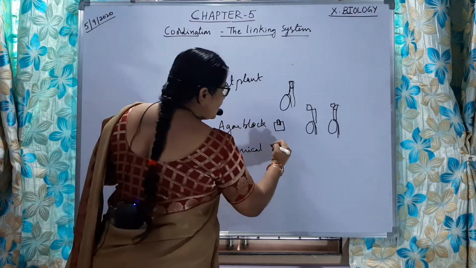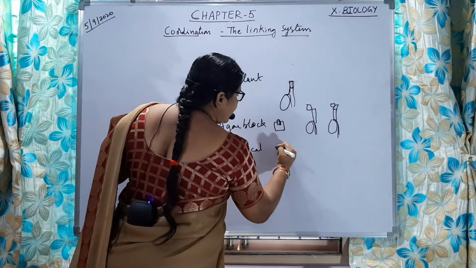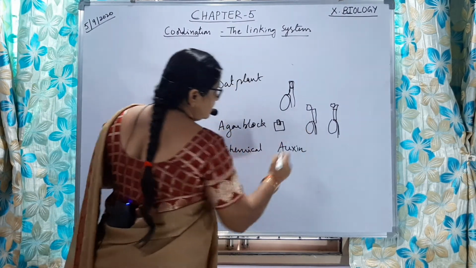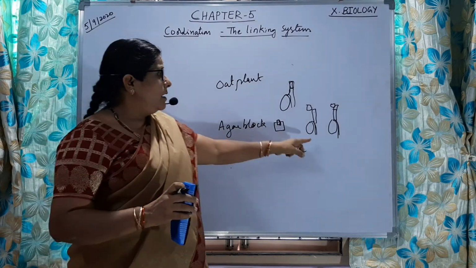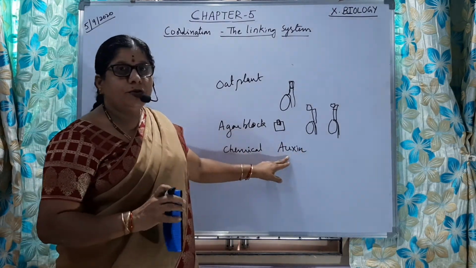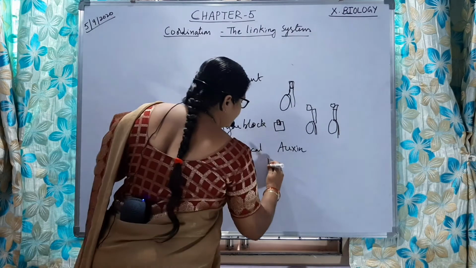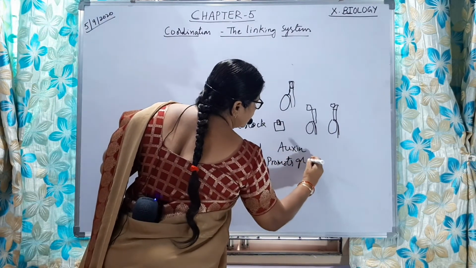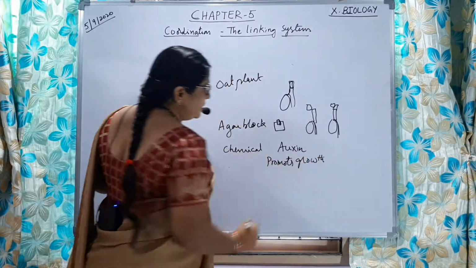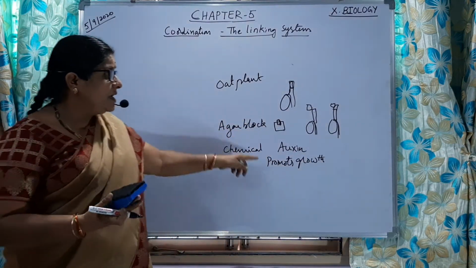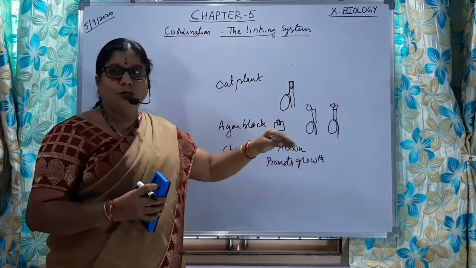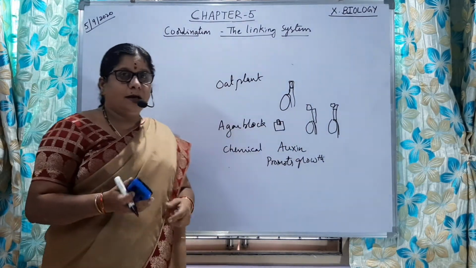That influence was named auxin by F.W. Went. Auxin promotes growth in a plant. Here the chemical influence is helping to give direction to the plant's movement in that particular direction.